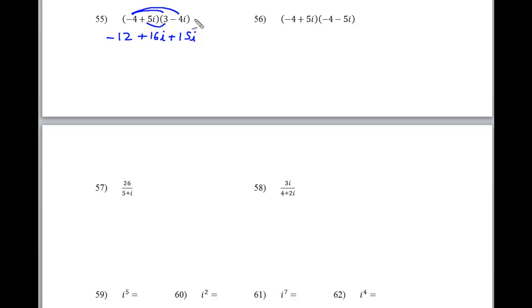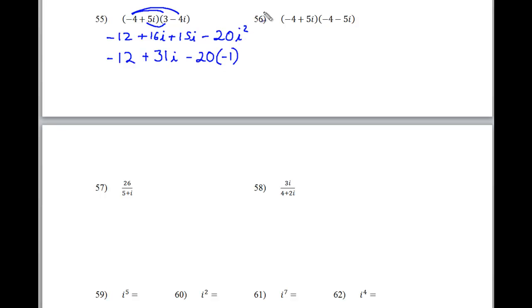And then what we'll do is go 5i times negative 4i, which is negative 20i squared. Now that's important to see because you've got 5 times negative 4 is negative 20, and i times i is i squared. So let's do some simplification. I got negative 12. This is going to make a total of 31i. Now this is negative 20, and that i squared is going to be negative 1.